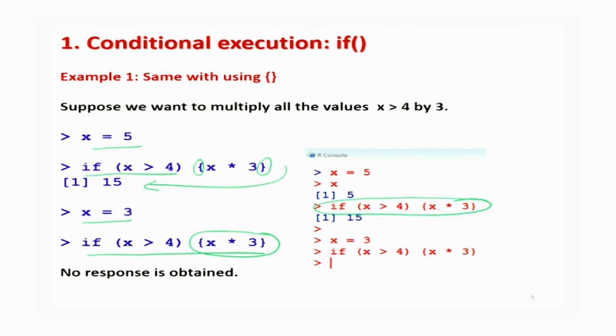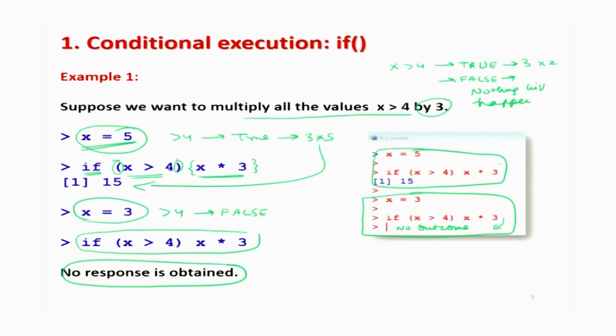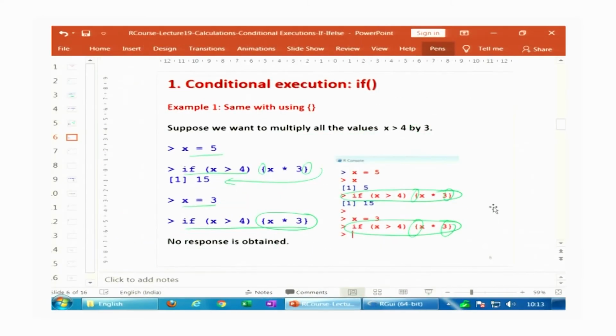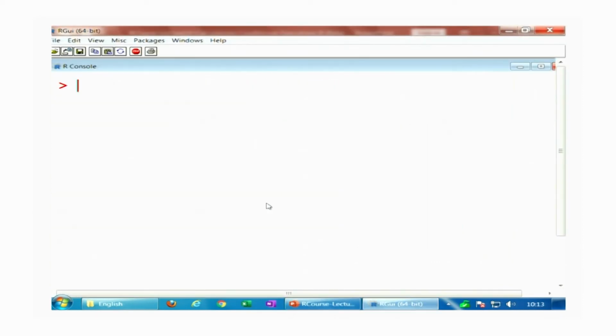This is the same condition, but here I have used the curly brackets, and in the earlier example I had not. As I said, it will not make much difference as long as you are working with scalars and single conditions. Now, let me show you this execution on the R console, so that you get more confident.